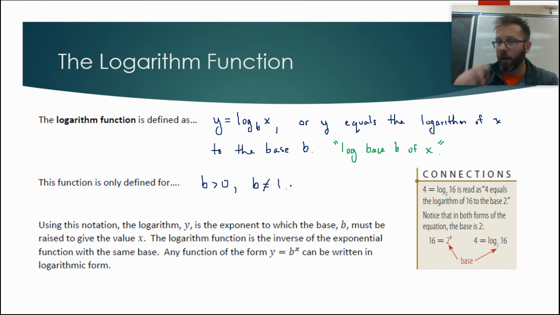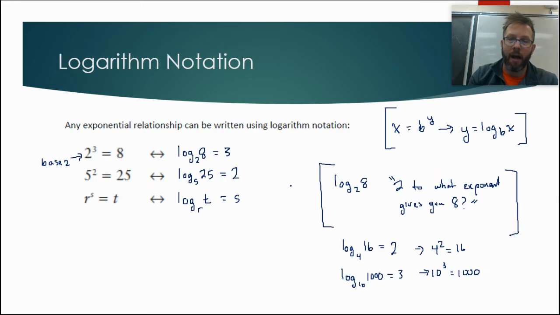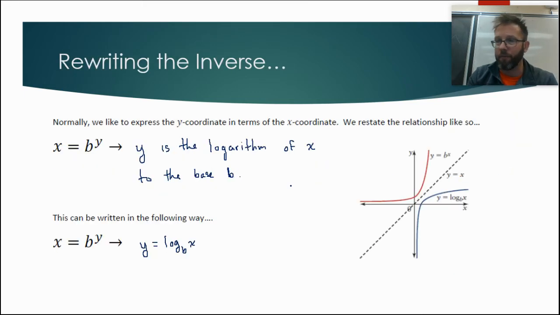Why can't the base be 1? Well, I'll flip back a couple of slides, and please, you do not need to copy this down. But what if you had an exponential function where the base was 1? What would that graph look like? That graph would look like a horizontal line. 1 to the power of x is just equal to 1. And your function would look like this, which isn't exactly bad.